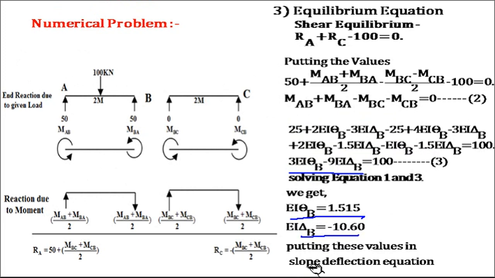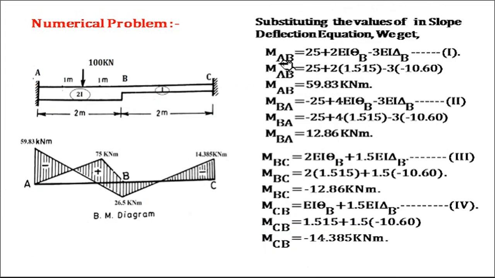So putting these values in the slope and deflection equation, MAB we get the value as 59.83. Putting the value of EI theta B and EI delta B, we get the moment in member BA as 12.86. For member BC, the moment is minus 12.86.